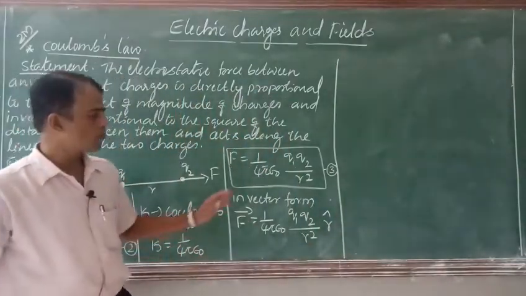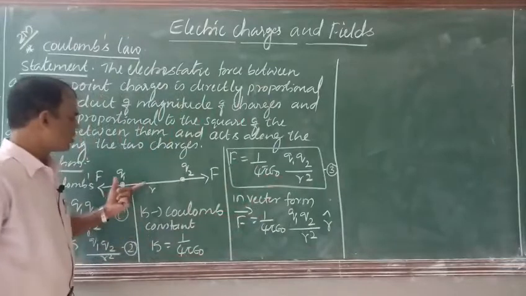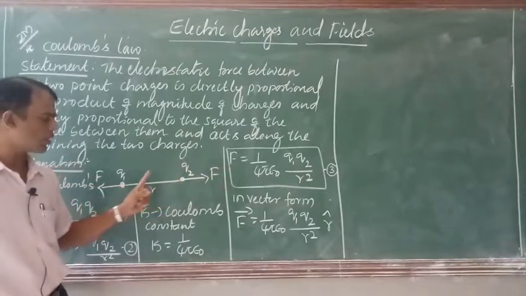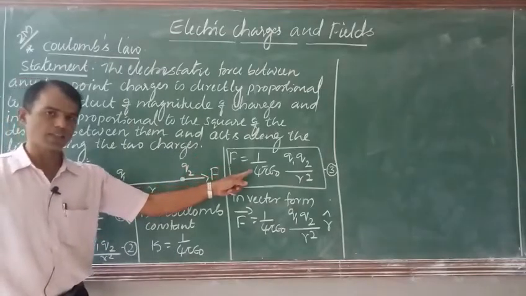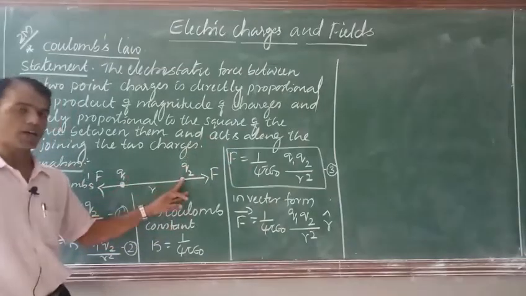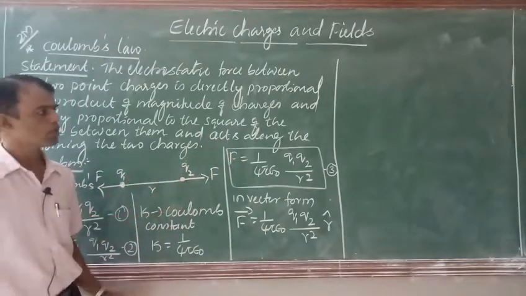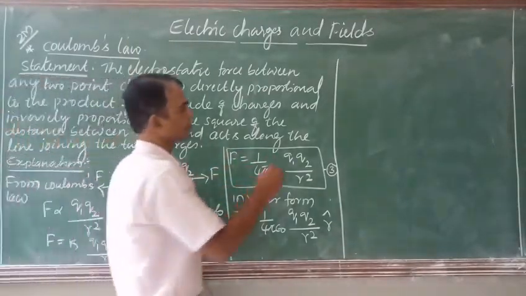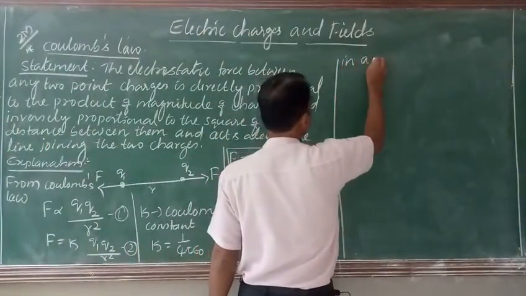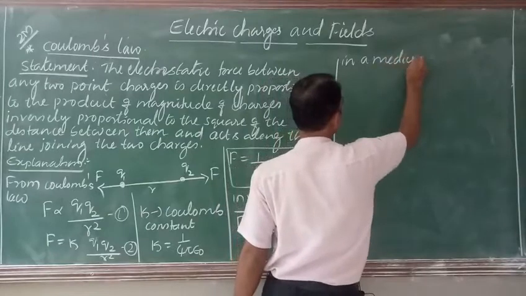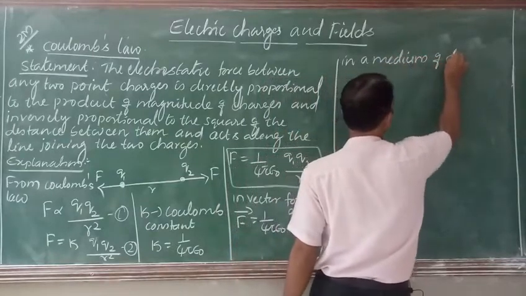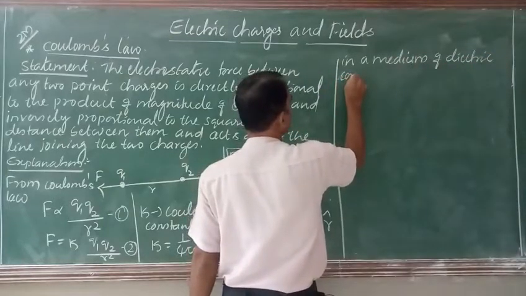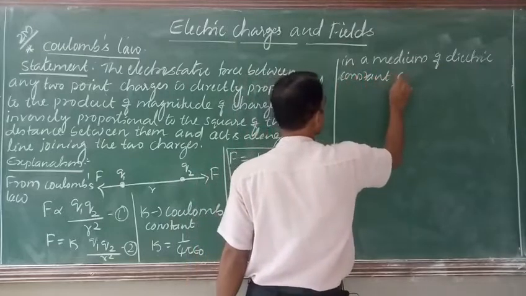Now we want to know the effect of the medium between the two charges. We have stated Coulomb's law for two charges by considering that they are kept in free space or in vacuum. Now we want to see the effect of a medium between the two charges, that is, a medium of dielectric constant epsilon r.